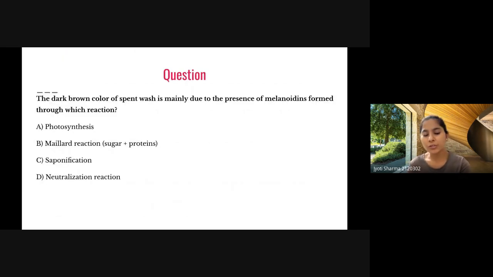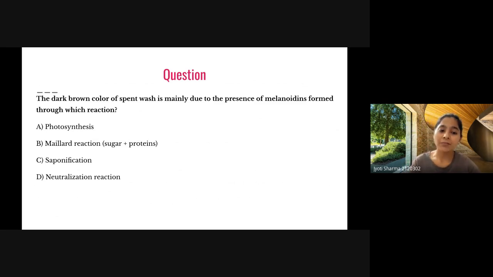Spent wash also has a dark brown color. This is due to the presence of melanoidins formed through which reaction? Photosynthesis, Maillard reaction, saponification, neutralization reaction.